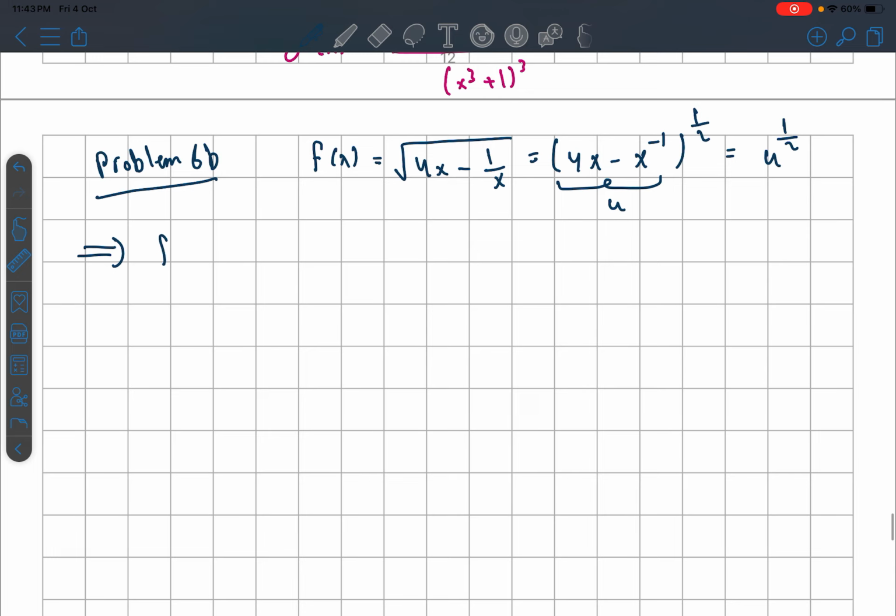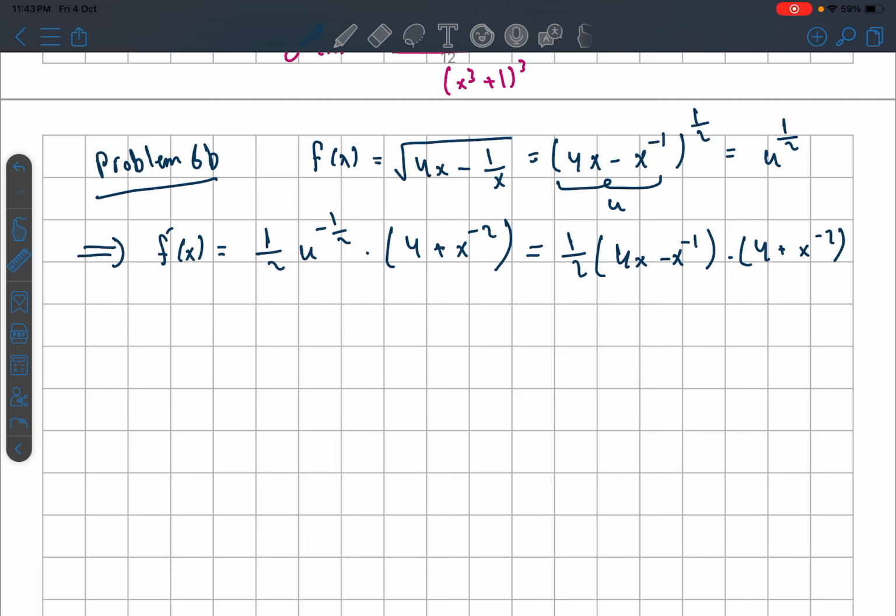Now let's take the f prime x, which will be half u power of negative 1 over 2 times the derivative, so it will be 4 plus x power of negative 2. And now replace u by the function, so it will be 1 over 2 times 4x minus x power of negative 1, times, sorry, 4 plus x power of negative 2.